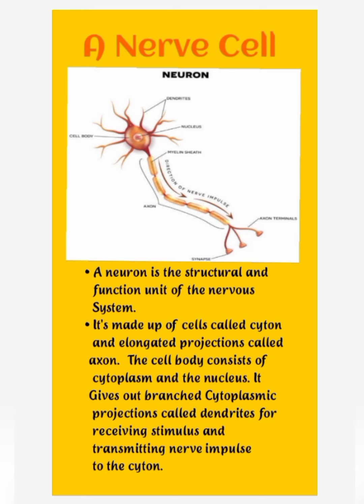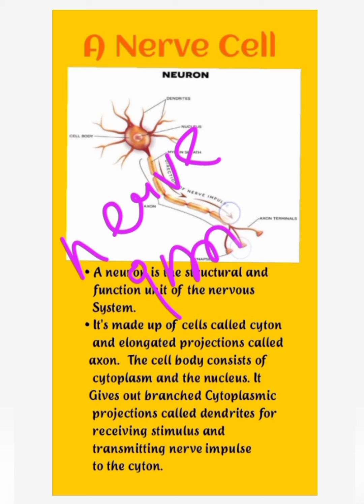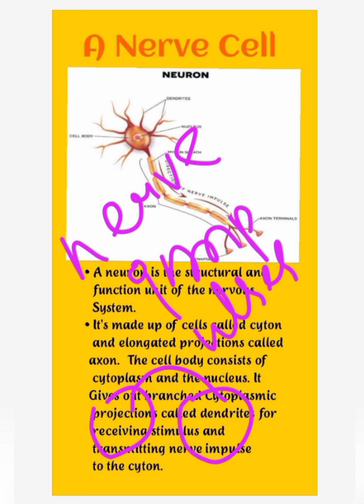Their function is to receive nerve impulses, like from one neuron to the other, because one neuron is connected to the other neuron. They receive nerve impulses from another neuron and transmit them towards the cell body.